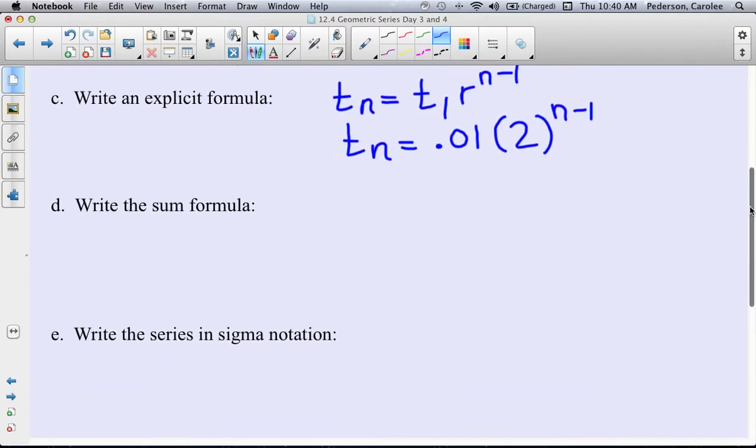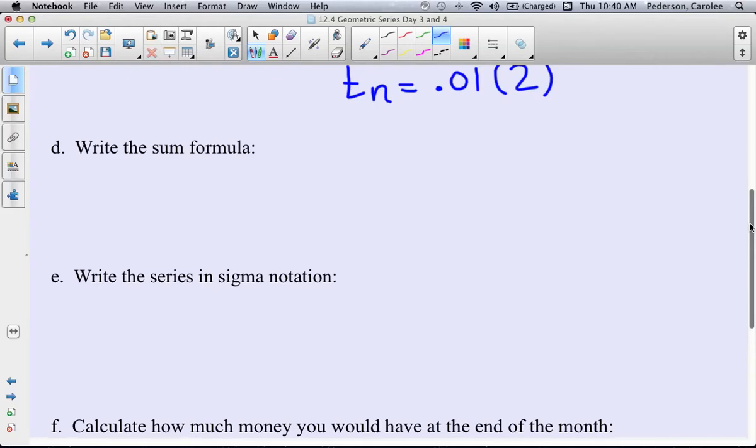Now, let's write the sum formula. The sum formula is a geometric series, and then write the sigma notation.